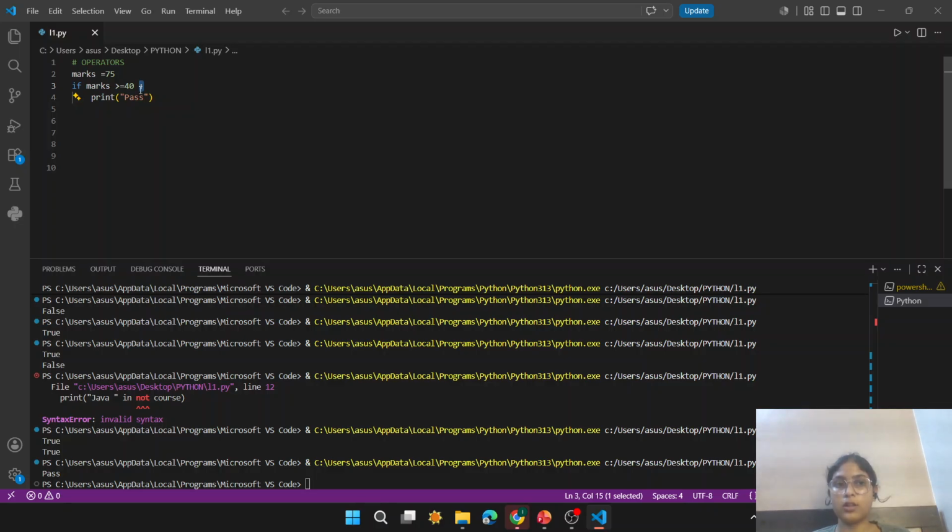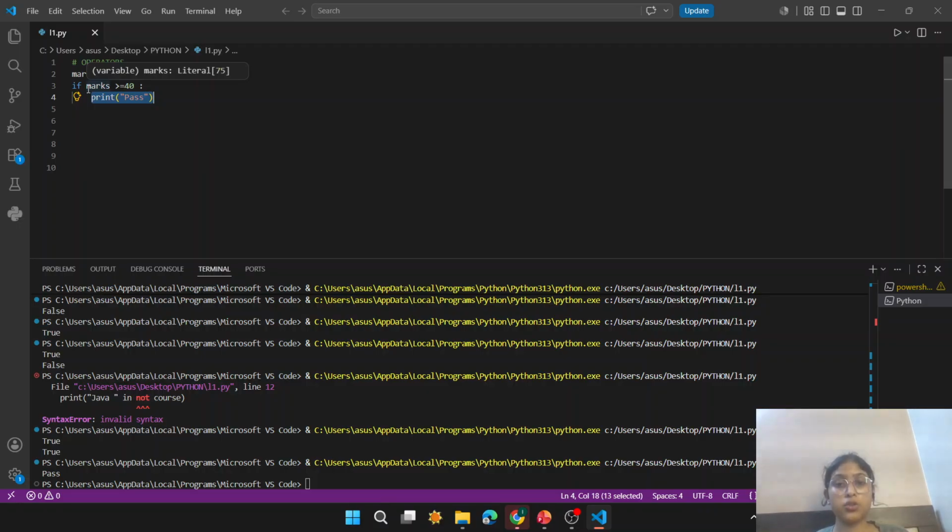Never forget this syntax, that you have to put that colon for the indentation. What I did: if, then the condition that marks should be greater than or equal to 40, and the statement I want to print. If you don't want, you can skip the statement part, there is no issue, but the condition and if should be used.